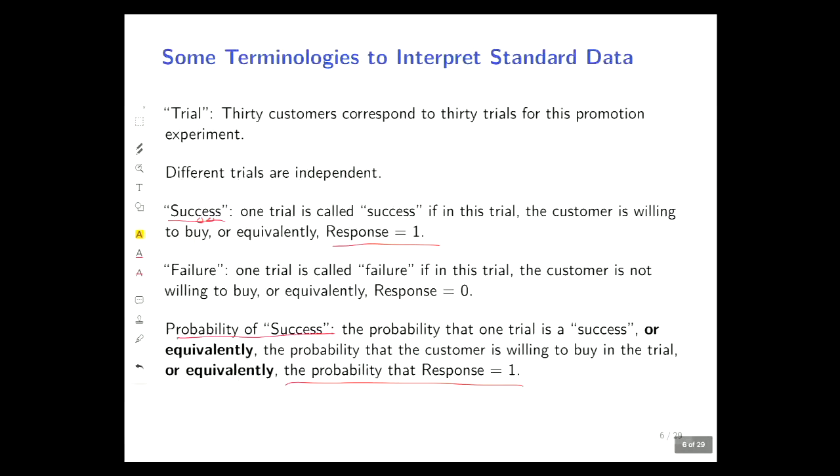If you still remember the binary logistic regression model, the probability of success is denoted by pi, and pi equals the probability that y equals 1, right?